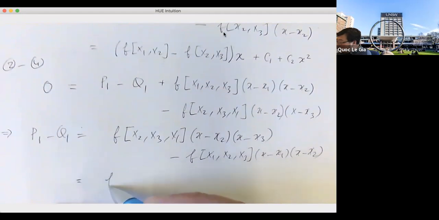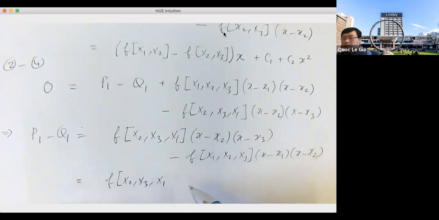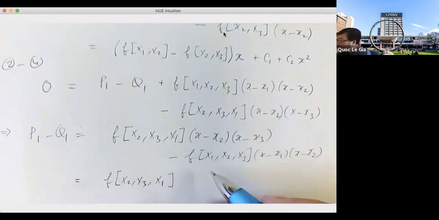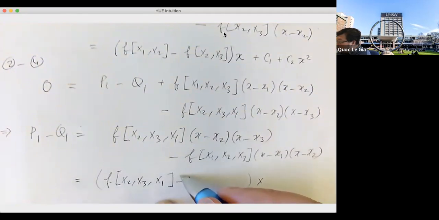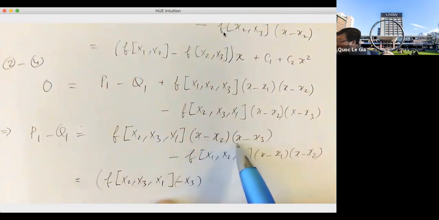Here you have f x2, x3, x1, and I want to write it in terms of x only. Then I have minus x3, so minus x3, and then this one gives me minus x2.